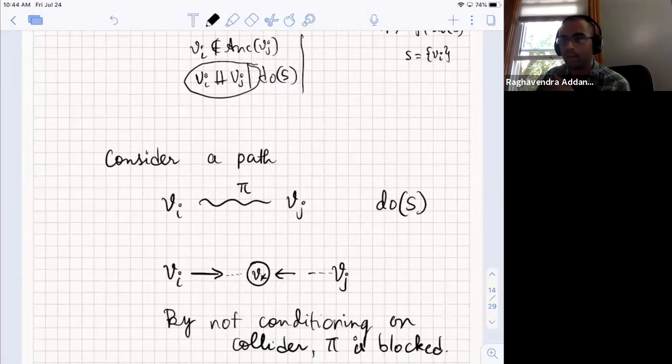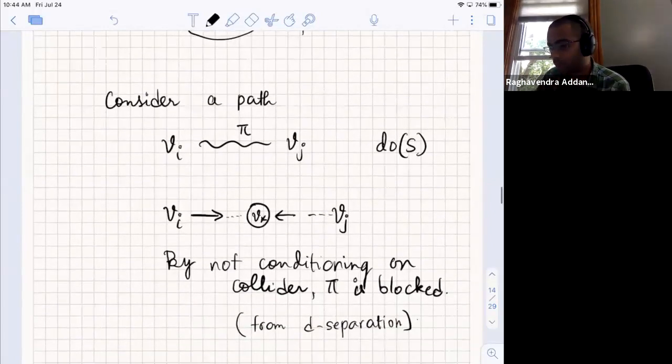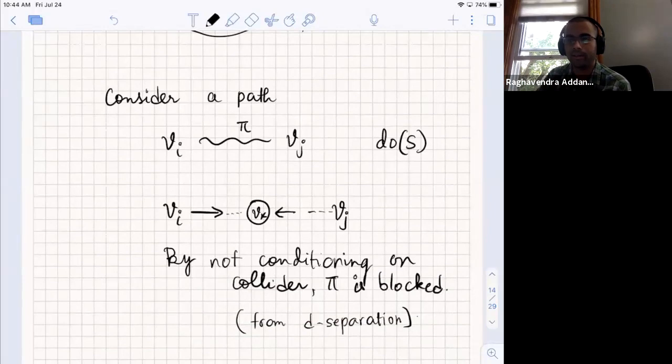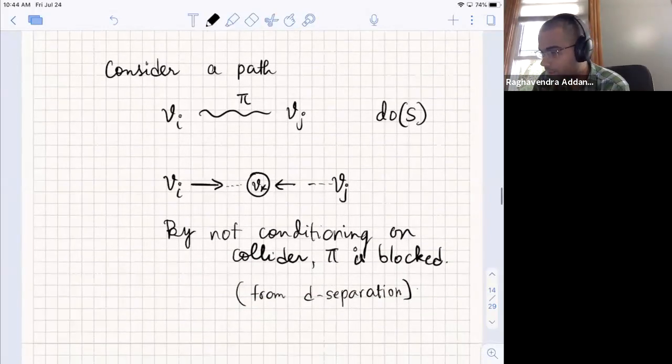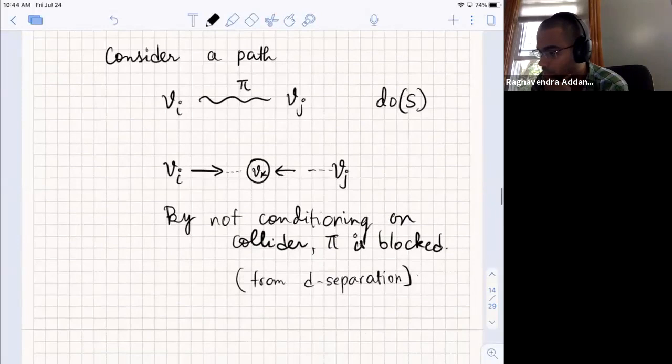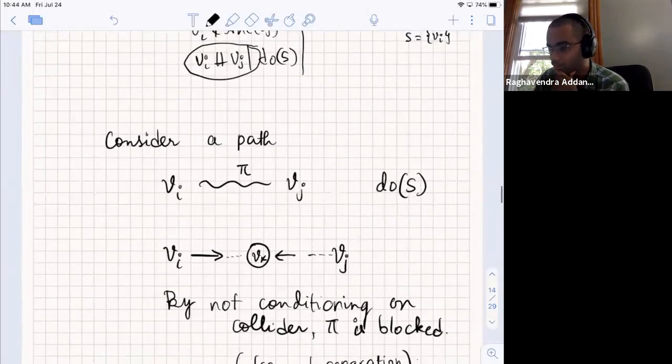We are just intervening on S. And because we are not conditioning on the collider, this path is blocked. As I said earlier, if we condition on a collider, the path is not blocked. By not conditioning on the collider, this follows from D-separation.